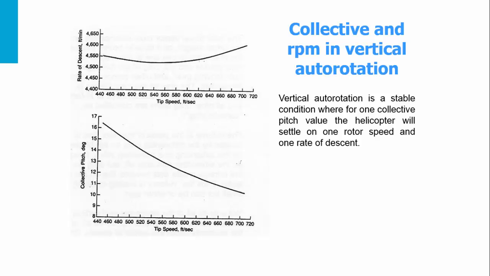You see that for every tip speed we can achieve a certain collective pitch and a certain rate of descent. So vertical autorotation is a stable condition where for one collective pitch value the helicopter will settle at one rotor speed and one rate of descent. This can be calculated for every given helicopter.